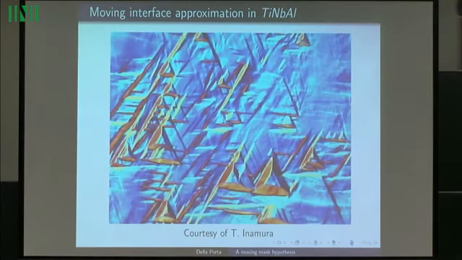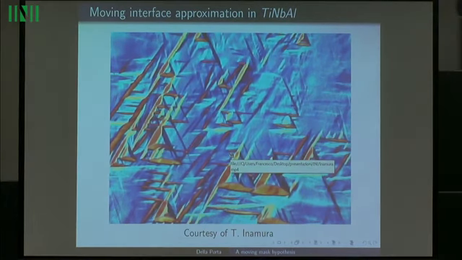And finally, let me show you a last situation where the phase transformation still looks very different from the two previous ones that I've shown you, but where in a first approximation the moving mask hypothesis seems to hold as well.